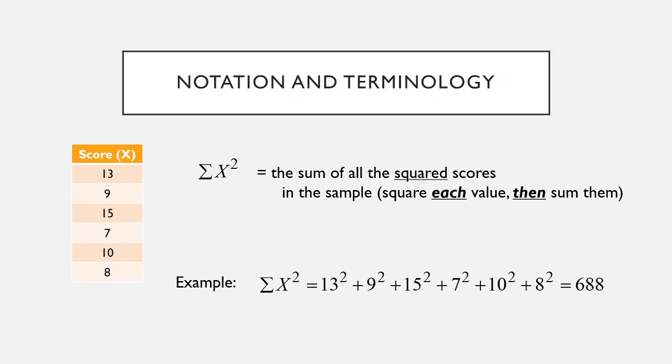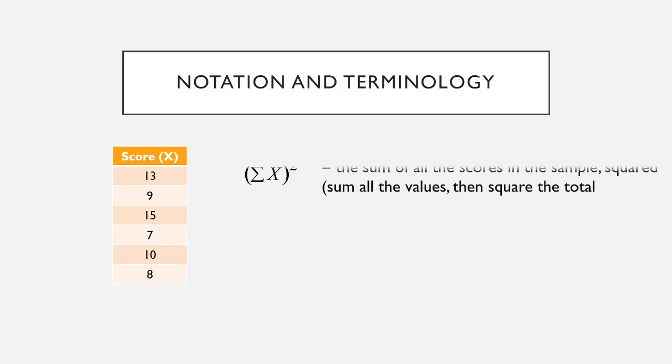Okay, so again, if I was to do this in the opposite order, where I just squared the sum of X, this would be a way different value. So be careful to keep an eye on when you see something like this, because that is in contrast to what you see here. The addition of the parentheses changes the syntax entirely. This is completely reordering what you're supposed to be doing.